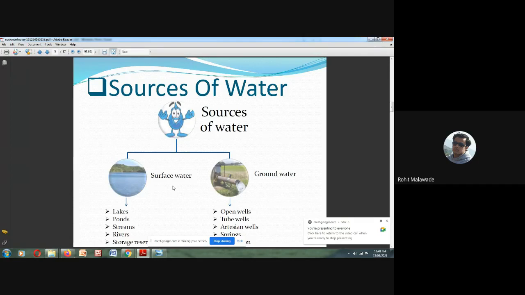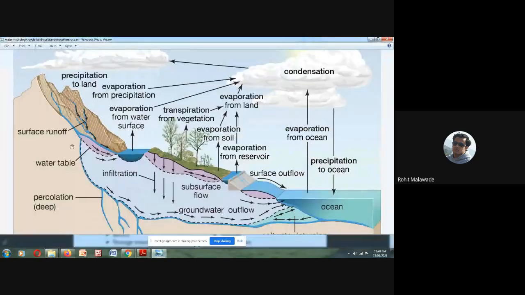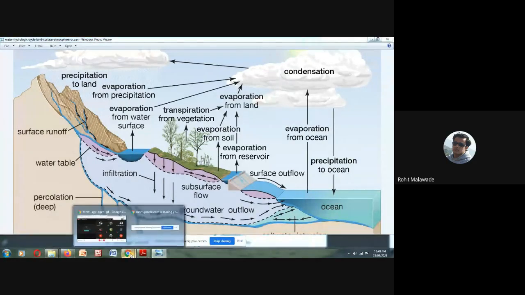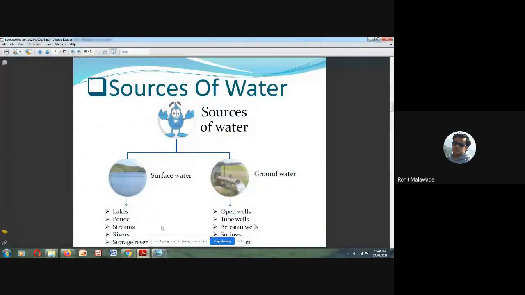The water, after precipitation, which percolates in the ground, we call groundwater. The water available on the surface is surface water. The water which flows into the ground is groundwater. So these are the two sources we depend on for drinking.